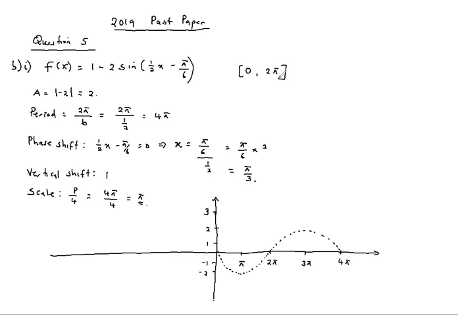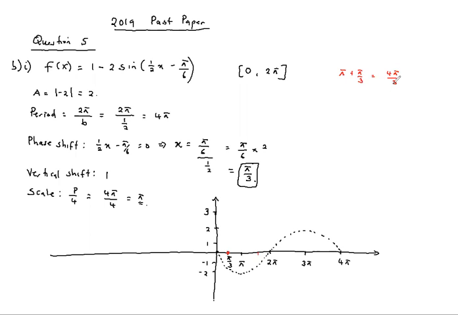So we take care of the shift now. Horizontal shift, pi over 3 to the right. So from 0 we add pi over 3. I'll use a red ink. The point at 0 now will come at pi over 3. Then the point at pi, we add pi plus pi over 3, so we'll get 4 pi over 3.